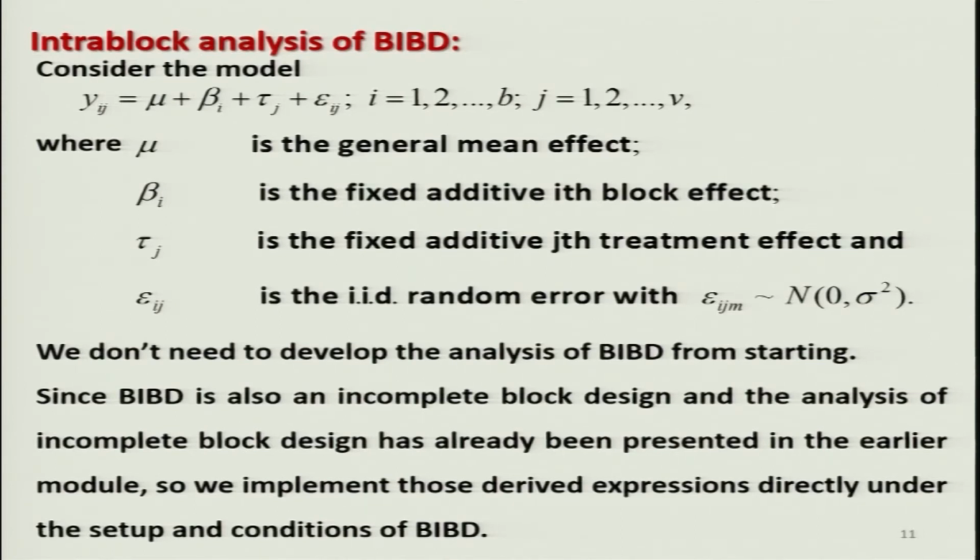Now, in case you try to recall, when we did the incomplete block design, we had considered a two-way model which has block effects and treatment effects, and there were certain conditions for the incomplete block design. Then we had obtained the estimates of beta and tau using the least squares principle.